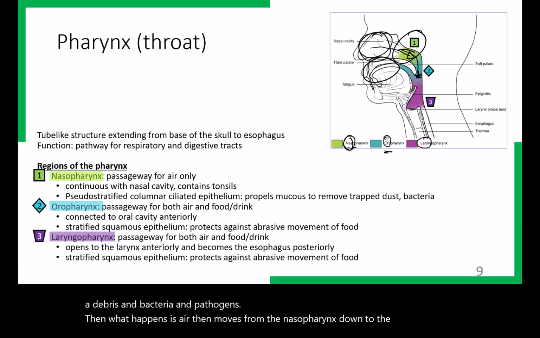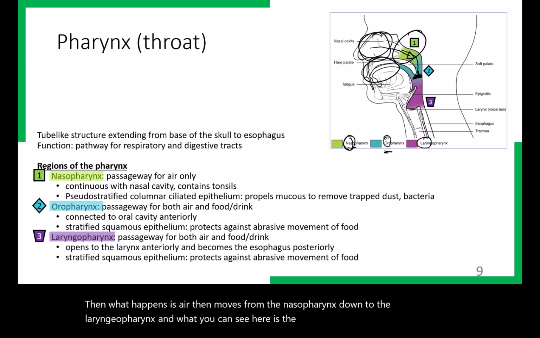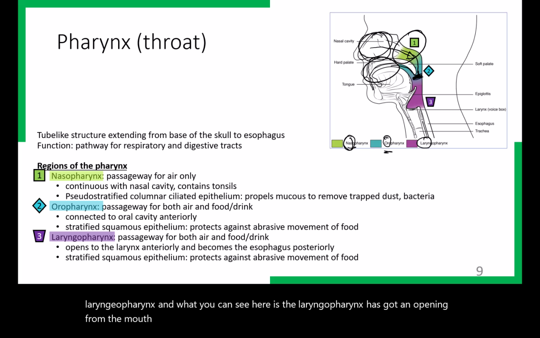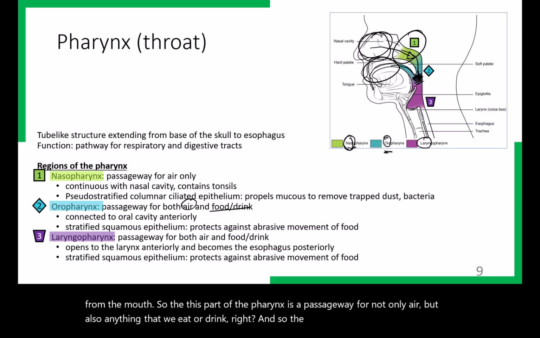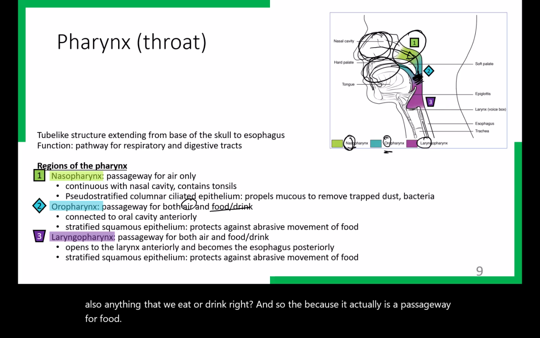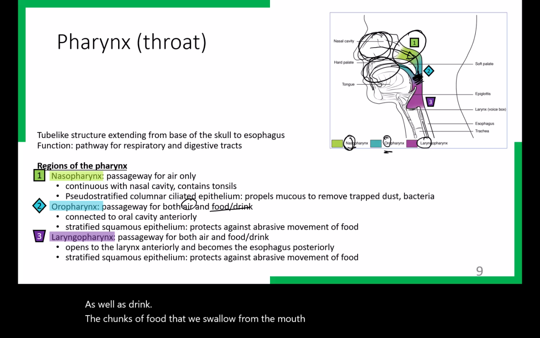And what you can see here is that the oropharynx has an opening from the mouth. So this part of the pharynx is a passageway for not only air, but also anything that we eat or drink, right? Because it is a passageway for food as well as drink, the chunks of food that we swallow from the mouth into the oropharynx are usually still fairly chunky.